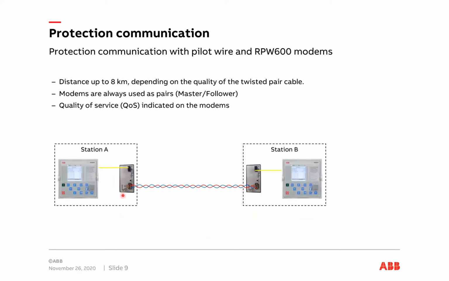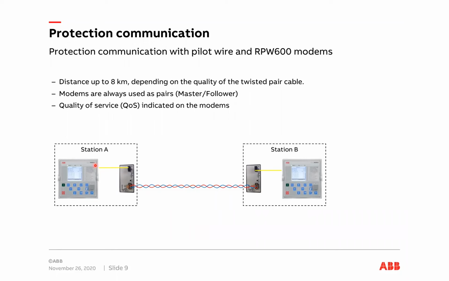And by utilizing this pilot wire modem, we can connect to the galvanic twisted pair cable, and also via optical fiber then to our line differential relay. So with this kind of solution, we can have distances up to 8 kilometers. But it again all depends on the quality of the twisted pair cable. It can be longer and it can be shorter.